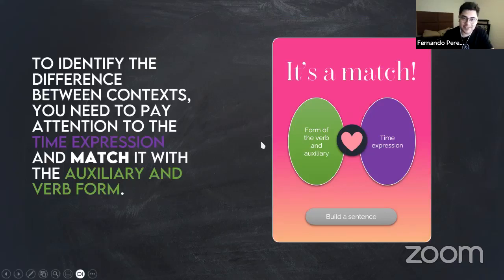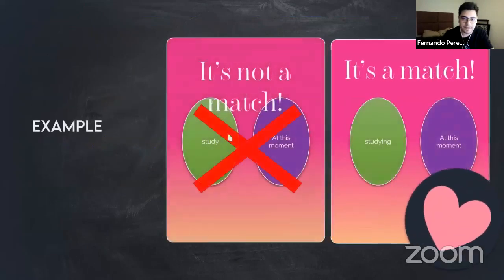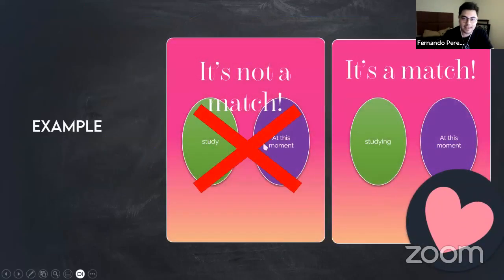We saw that it's incorrect to say "study at this moment." This is technically not a match. You cannot say "study at this moment." It's necessary to say "I'm studying." And this is a correct match. Okay?